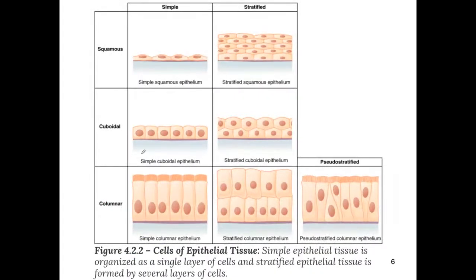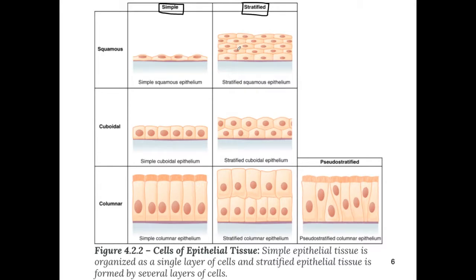So now we look at the pictures here, and this column is simple, and this column is stratified. If we go back to the slide before, we said simple always has one cell layer, as we see in all of these. And stratified is going to be more than one.